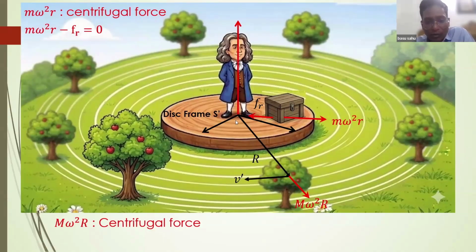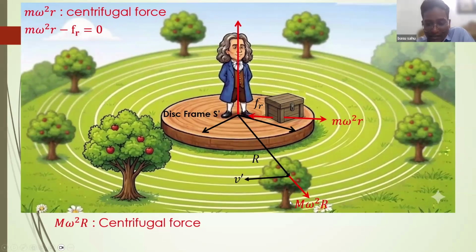Now, as I told earlier, with respect to frame S dash, I have to apply pseudo force always. Likewise, I have applied here m omega square r. Suppose the mass of this tree is capital M. I have to apply M omega square capital R, because capital R is the radial distance of the tree from the center.